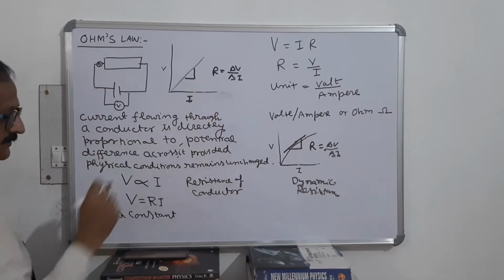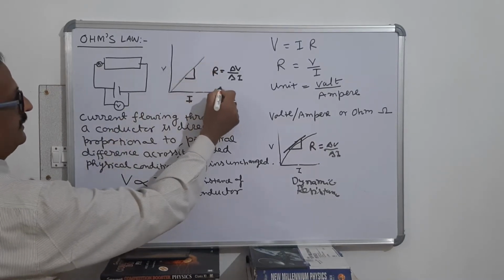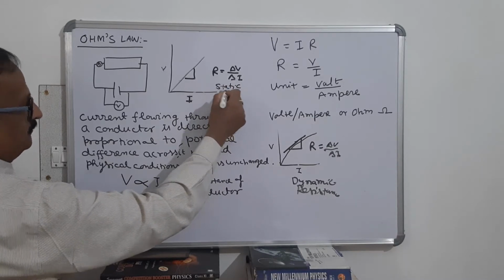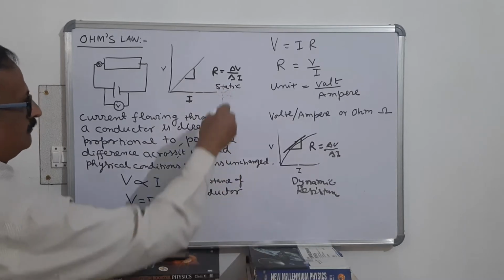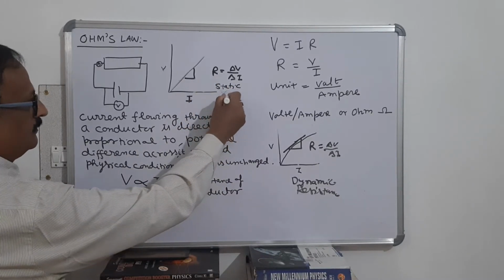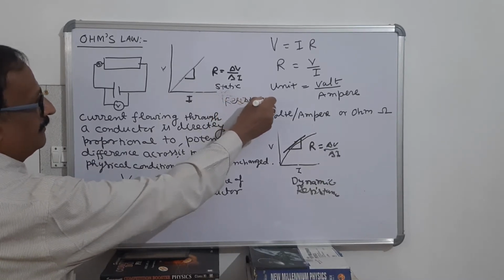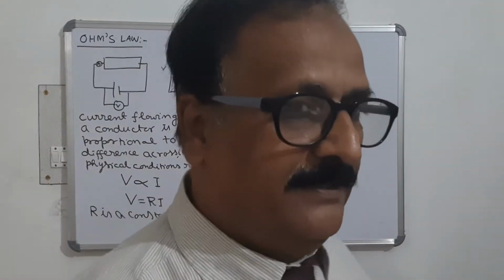And this resistance is called static resistance because the graph is a straight line. So if any conductor obeys Ohm's law, it is called ohmic.